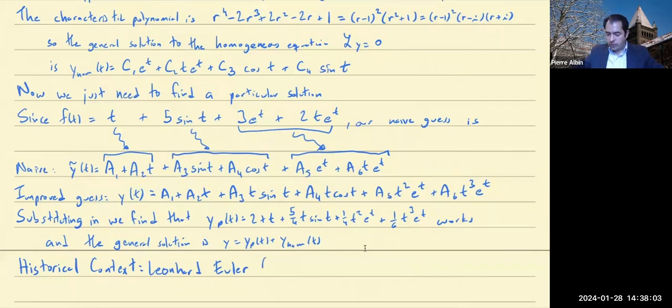Okay, so Leonhard Euler lived from 1707 to 1783. So for context, Newton died in 1727, and Leibniz died in 1716.